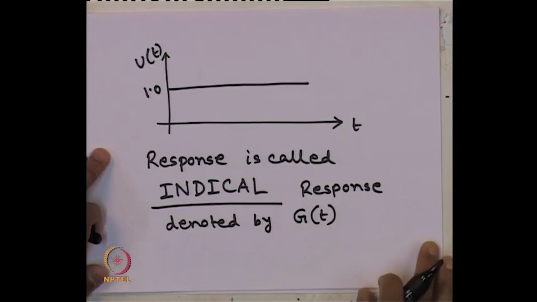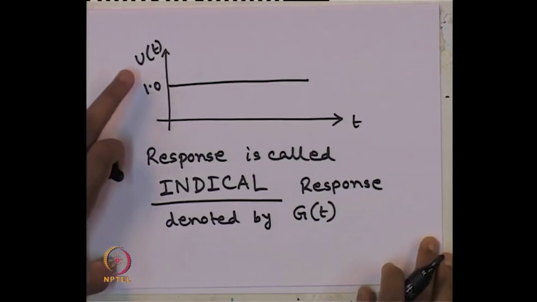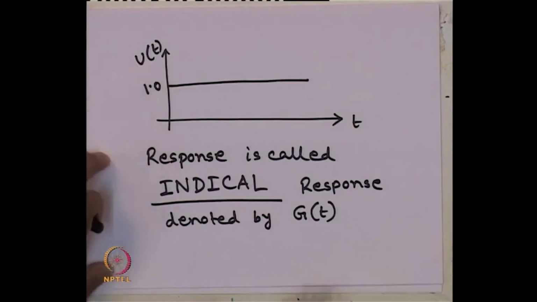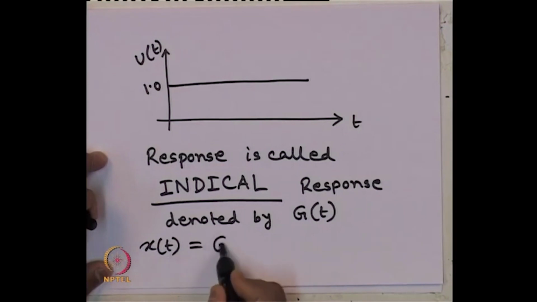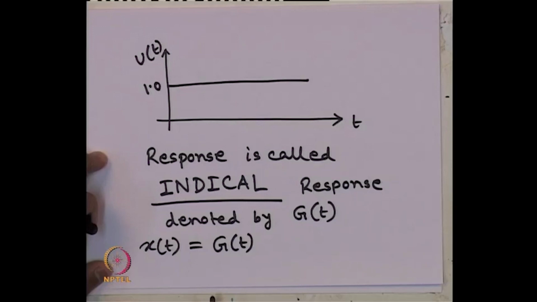What does it mean? If a single degree of freedom system is subjected to a Heaviside step function u of t, in that case x of t is called the indicial response function and denoted by g of t.